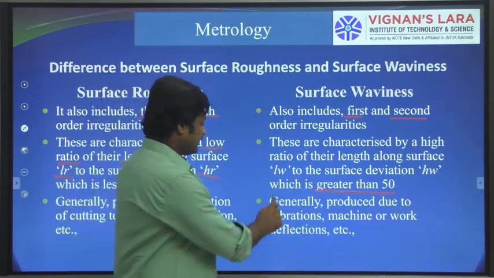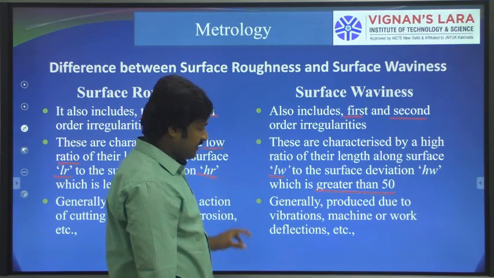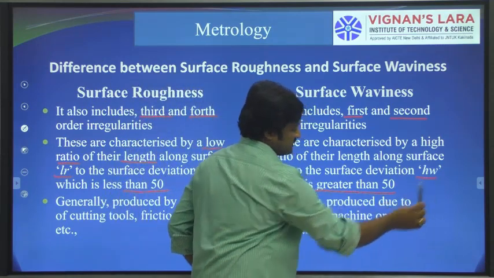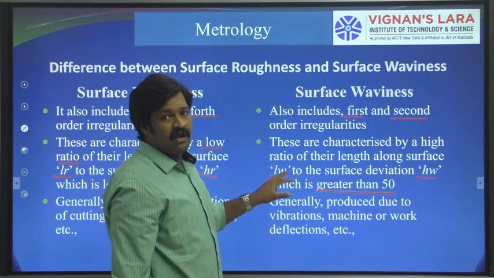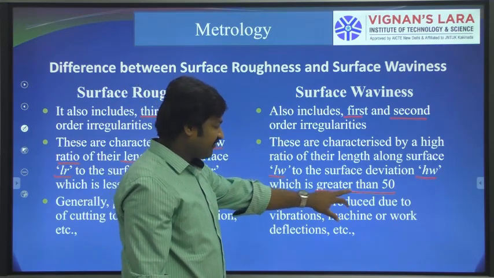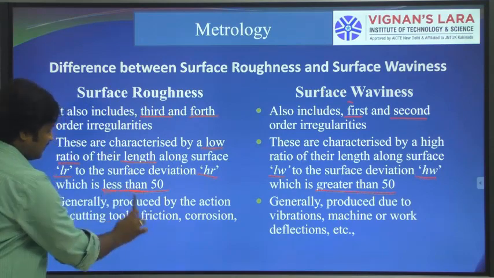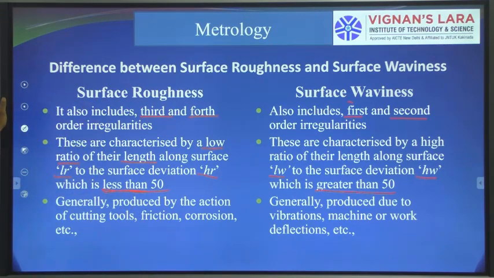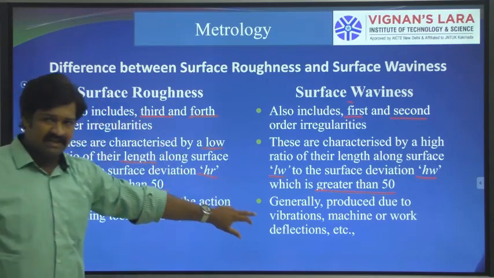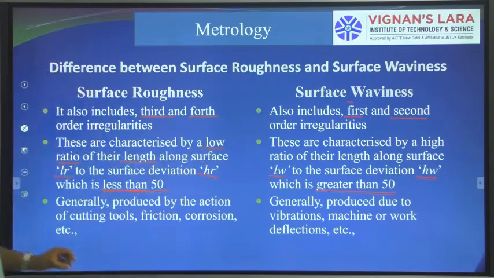The ratio is LW, the length of the waviness to the height of the waviness. If the length to height ratio is greater than 50, then that is called waviness. If it is less than 50, then that is called roughness. So it depends upon the value of its aspect ratio, L by D ratio, the length to its height ratio. If it is less than 50, that is roughness. If it is greater than 50, then that is waviness.